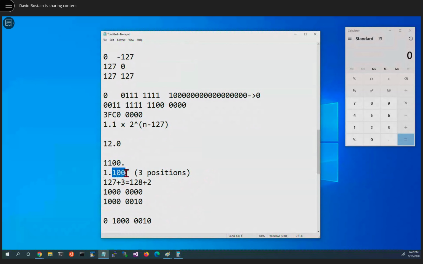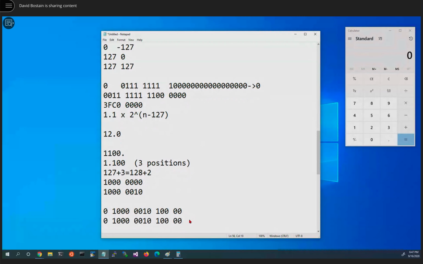Now we need everything to the right of the decimal point. And then a bunch of zeros after that. We'll deal with the zeros as we need to. So I'm going to take this number, shrink it down so that we can come back and put spaces at the right spots, and group it in sets of 4.